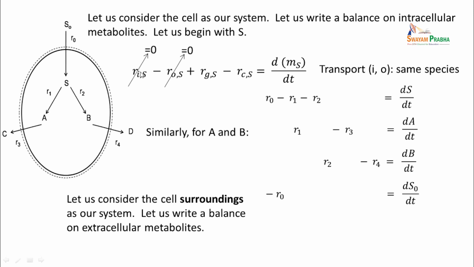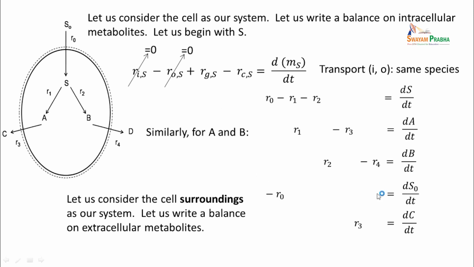Therefore, there is no input, but there is an output, and therefore minus R0, which comes from here. It is not being generated. So minus R0 is dS0/dt. Similarly, for D, it is being produced here. The generation term alone exists.